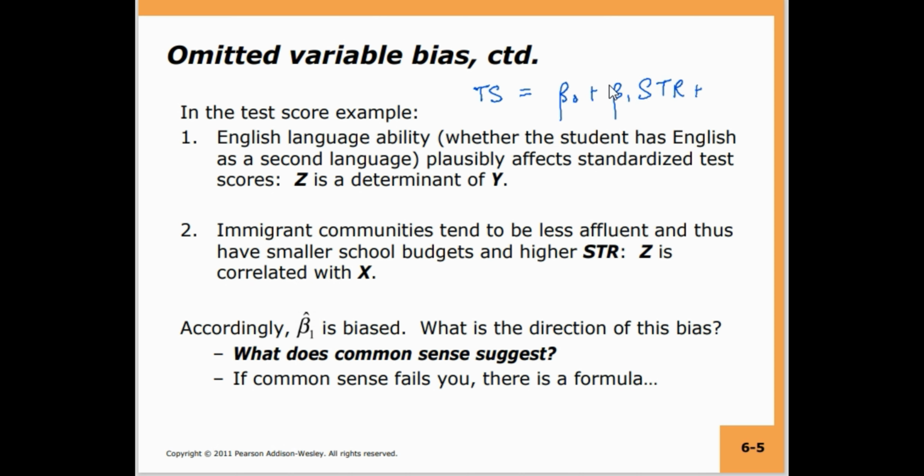Now there may be other variables that you have not included other than the student-teacher ratio. Say one of those variables is English language ability, that is whether the student has English as a second language.